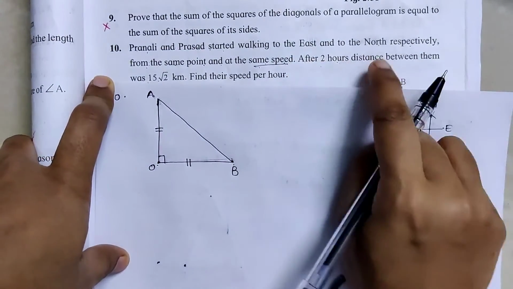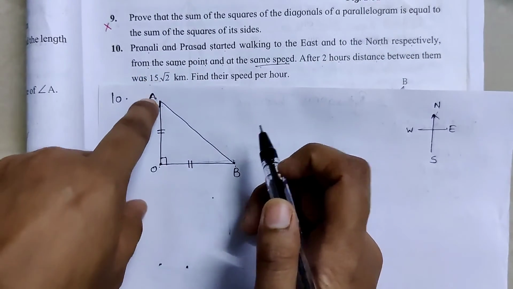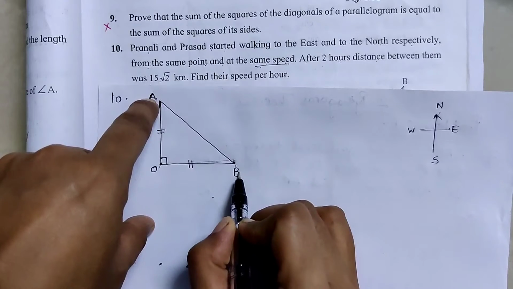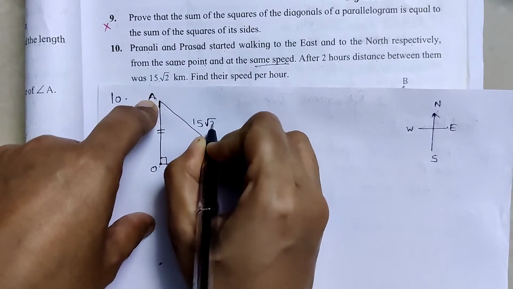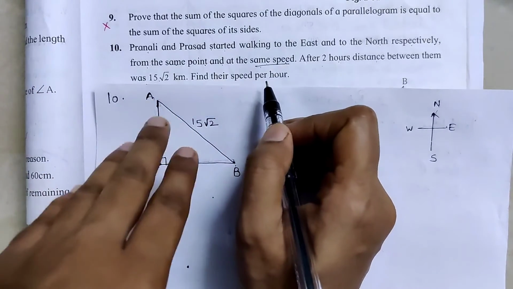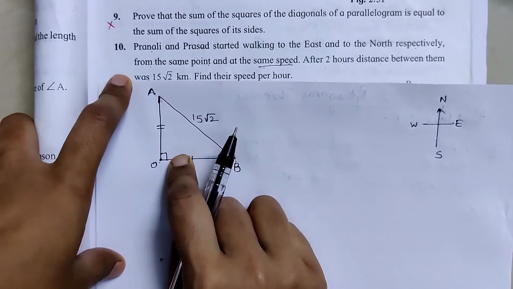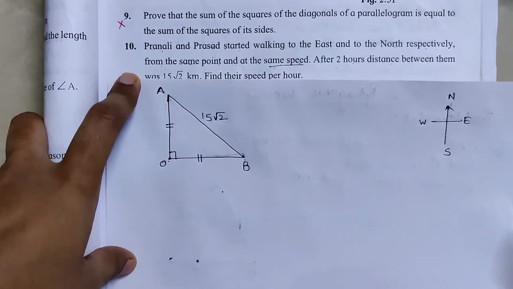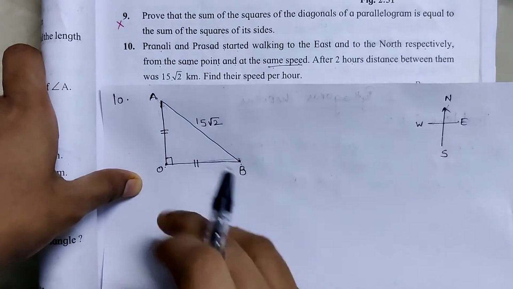After 2 hours, distance between them was 15 root 2. So when Pranali reached at point A and Prasad reached at point B, the distance between them was 15 root 2, right? So we have to find the speed per hour of both. So first of all we need to find how much distance they have covered.